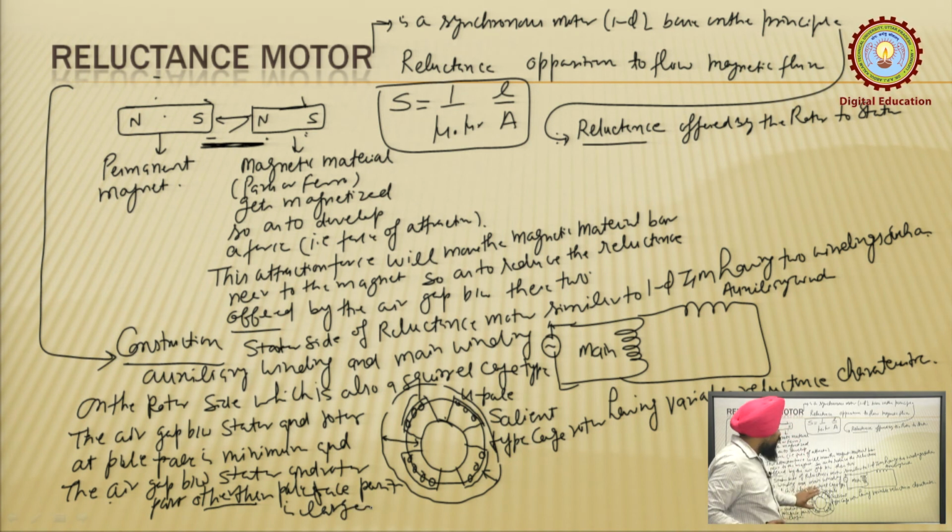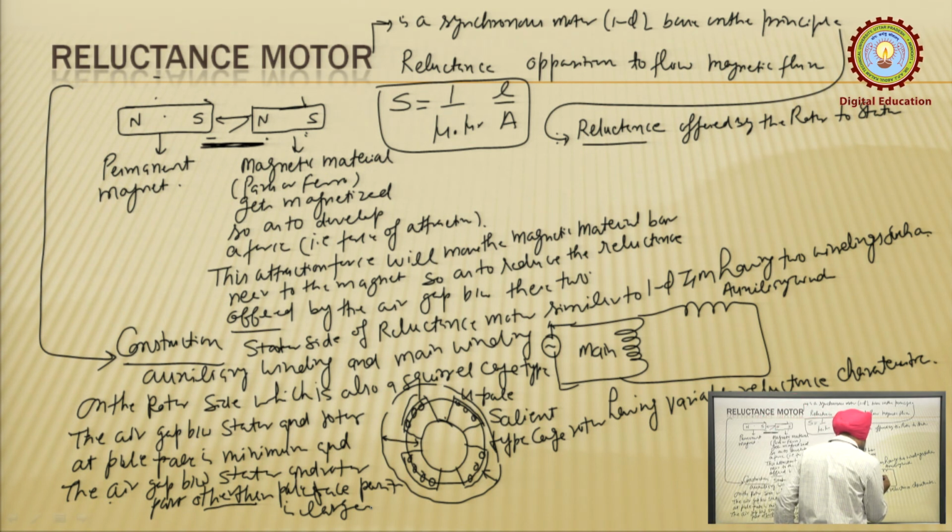Now, we have the variable reluctance offered by the rotor to the stator. Okay. Here we have the variable reluctance offered by the rotor circuit.